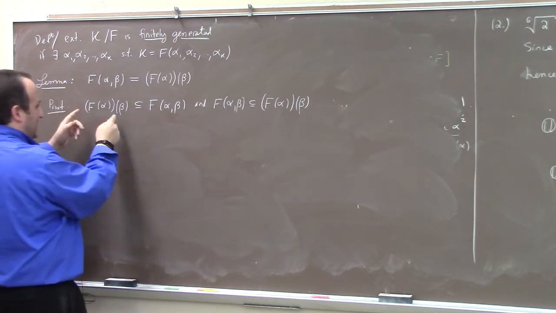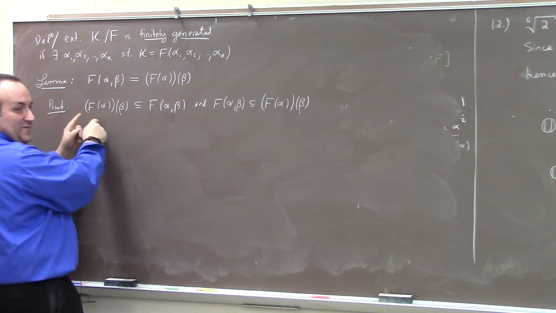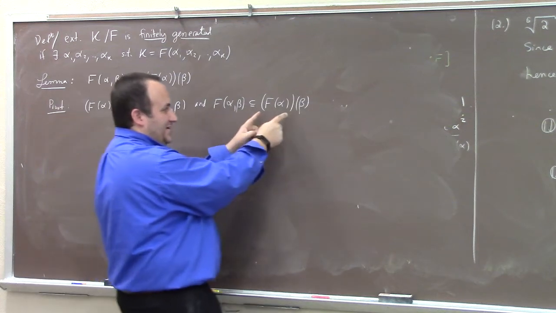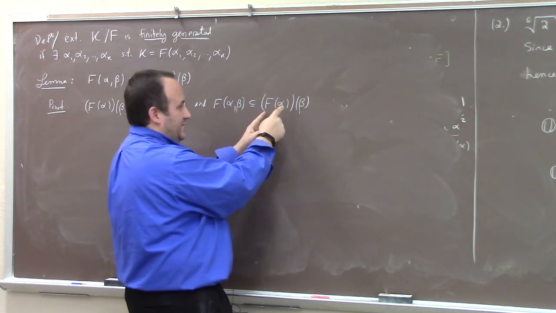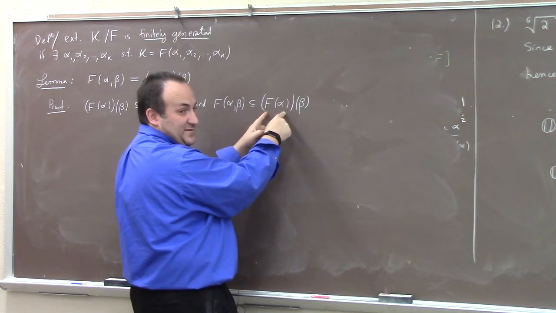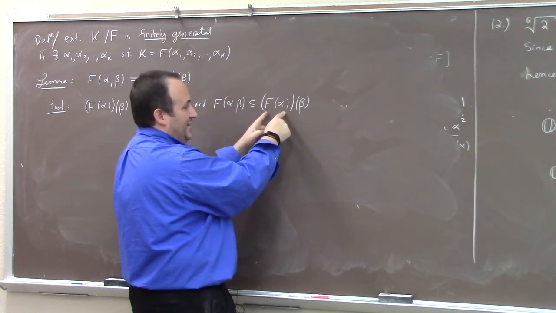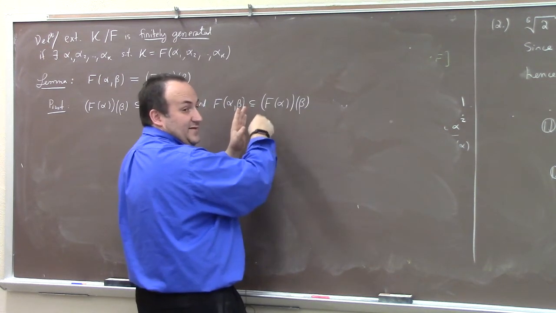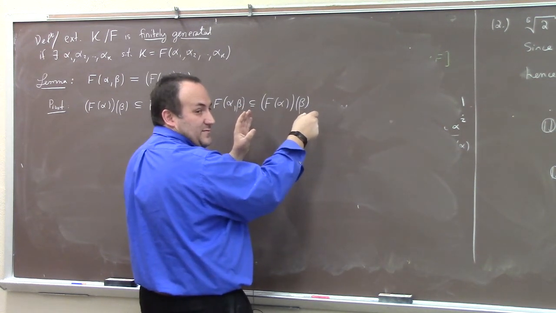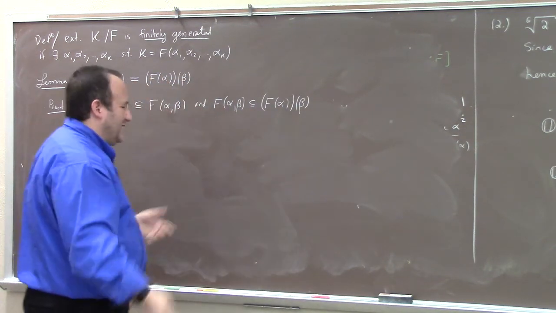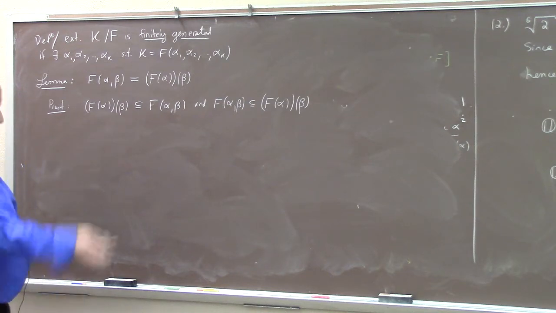So since this contains F, alpha, and beta, it has to be a subset of that. This, on the other hand, is the smallest field which contains F and alpha, and you're extending by beta. This is the smallest field which contains F(alpha) as well as beta, which means that this is a subset of that.